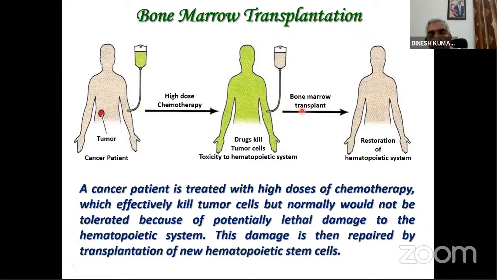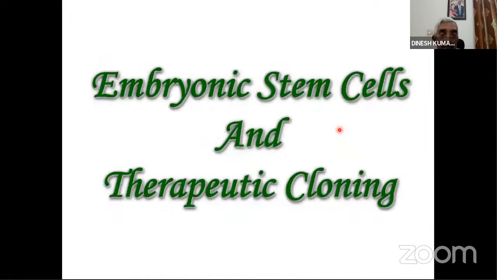After chemotherapy, bone marrow transplantation is given to this person, and that transplantation restores the hemopoietic system of the patient. So in cancer treatment, this is one of the very good methods to restore the tissues after chemotherapy.